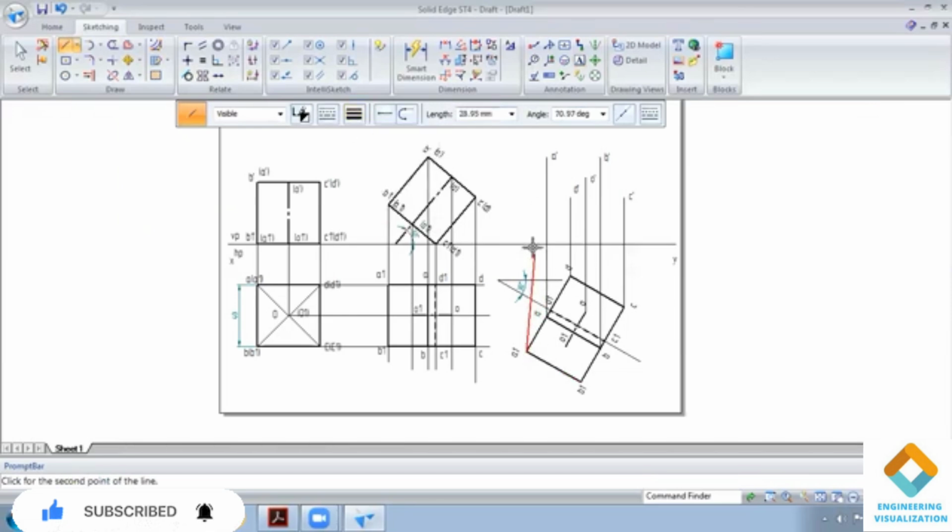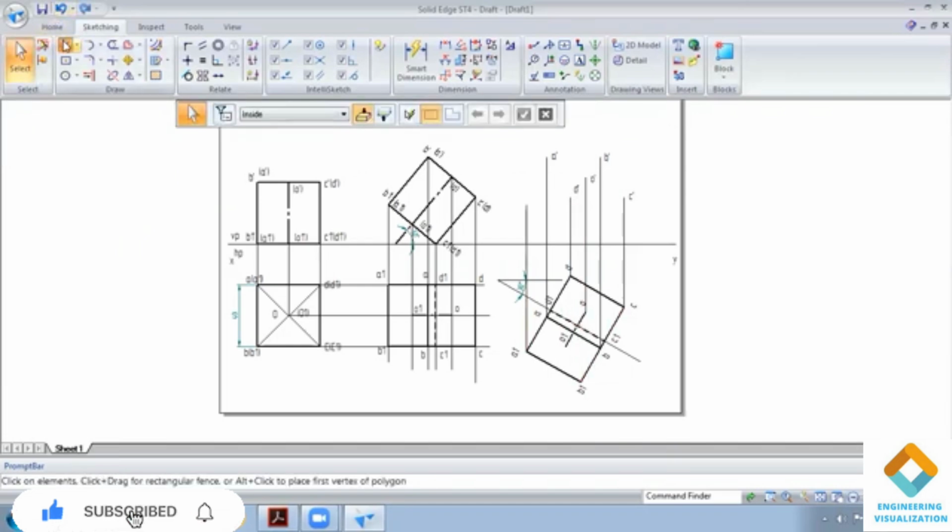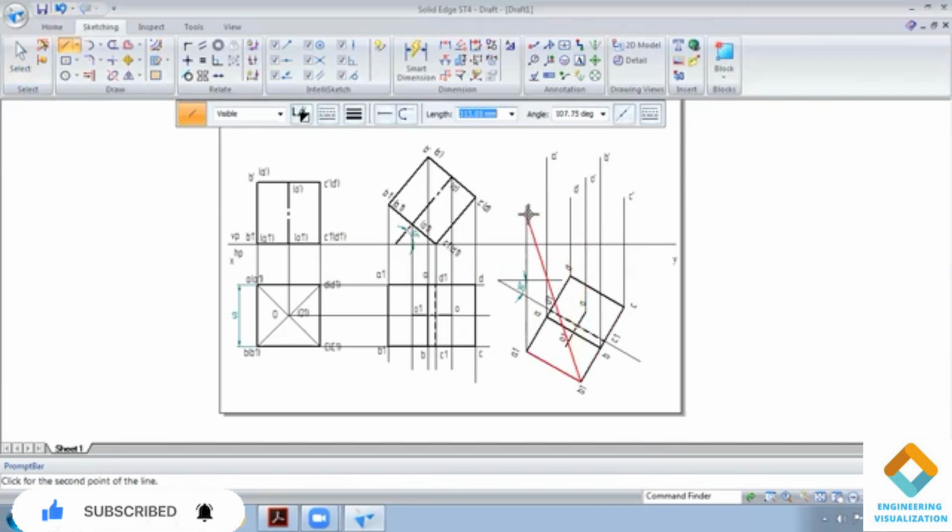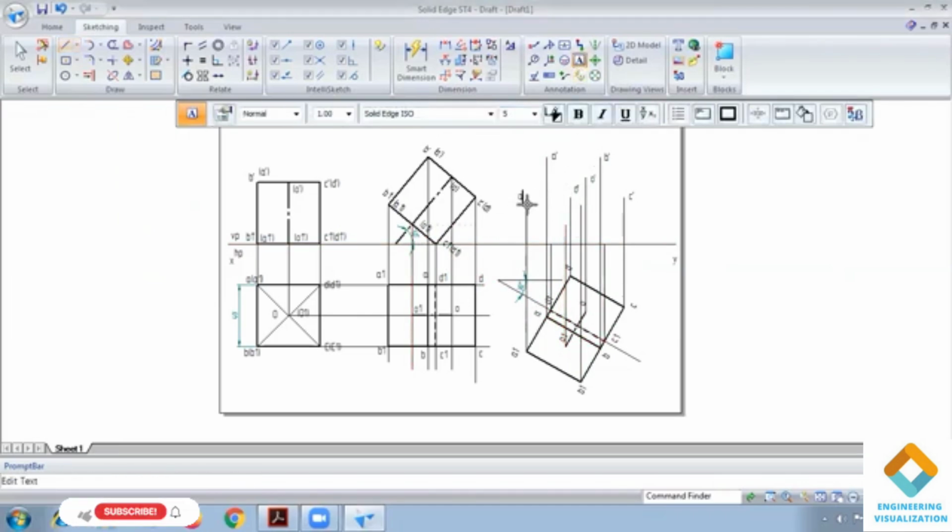Again, projection lines. E1 dash, C1 dash, and D1 dash.